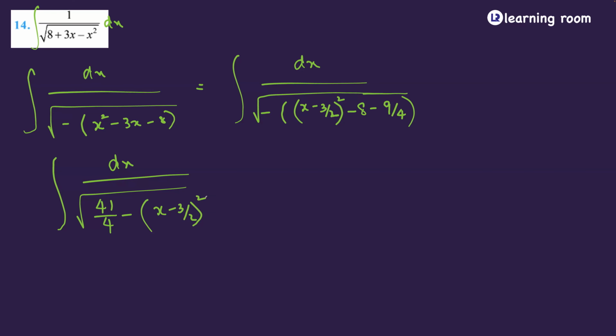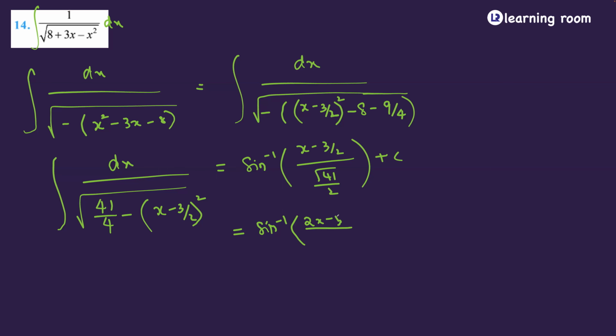So what is 1 by root of a square minus x square? It is sine inverse of x by a. So x is going to be x minus 3 by 2. And what is a? It is root 41 by 2. Right? Plus c. So when you take LCM, you're going to have sine inverse of 2x minus 3 divided by square root of 41 plus c.